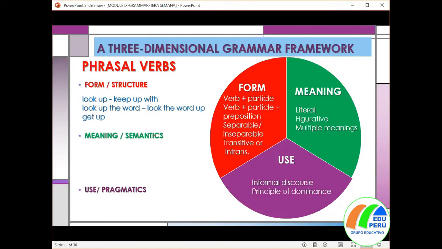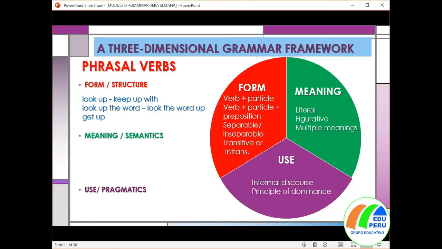Because there's no object. In look up the word, the word is the object. So this object can separate the two parts, no? But there are some transitive verbs that are not going to be separated too. Be careful on that. So you can try to find out which phrasal verbs are separable and which phrasal verbs are non-separable.